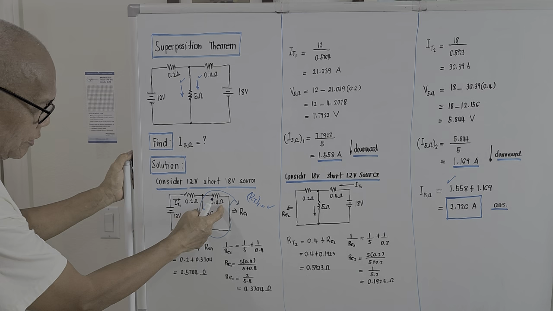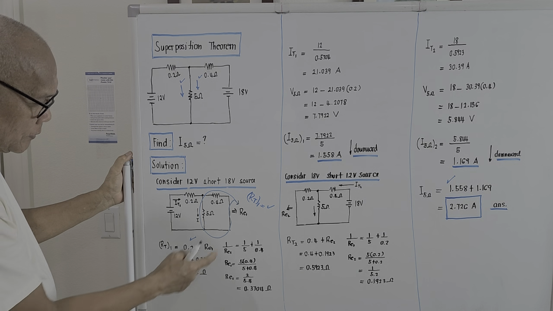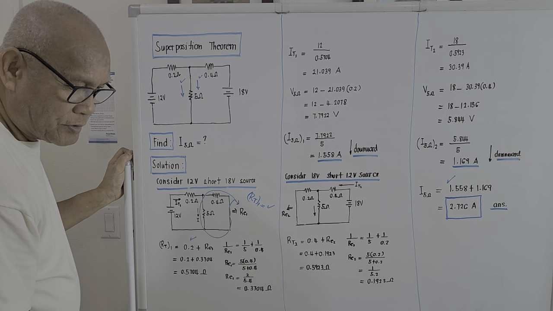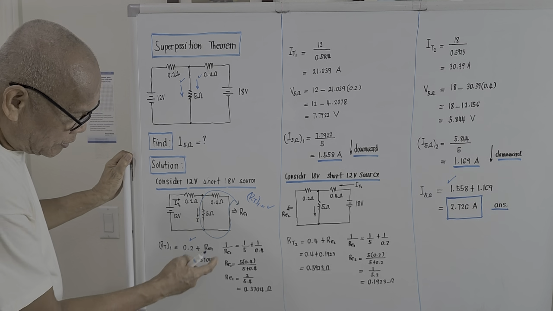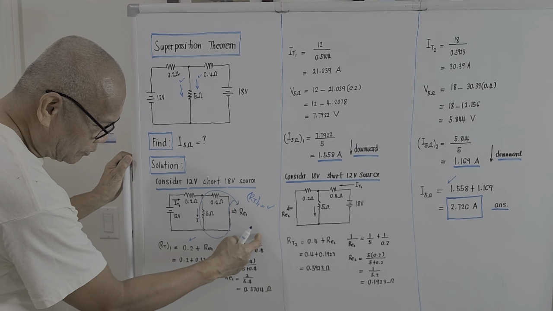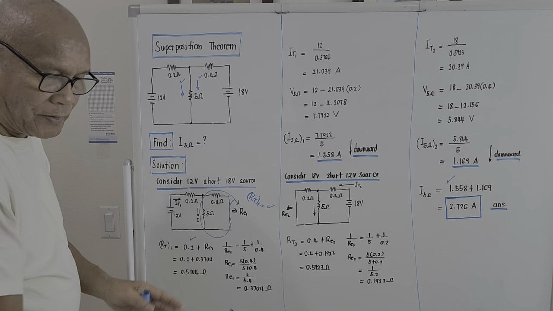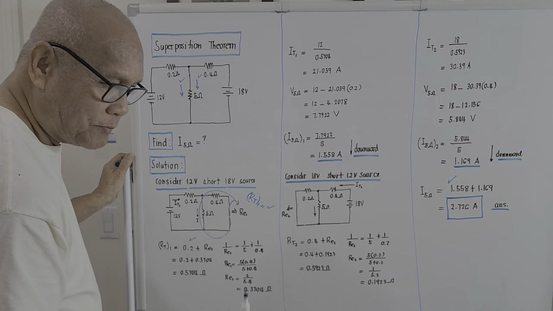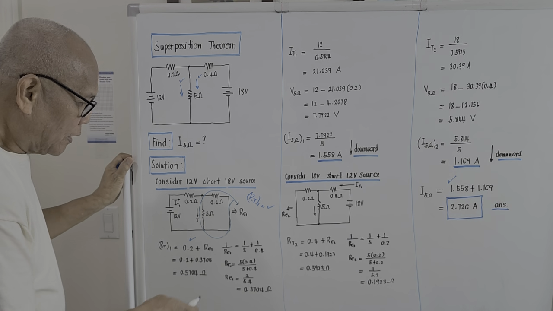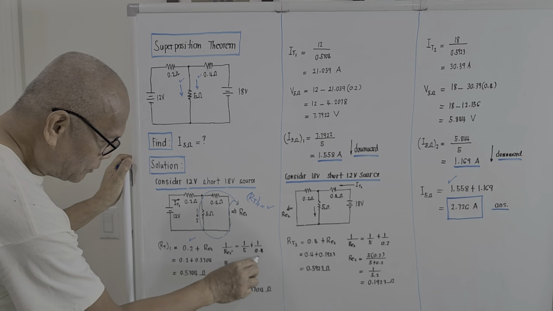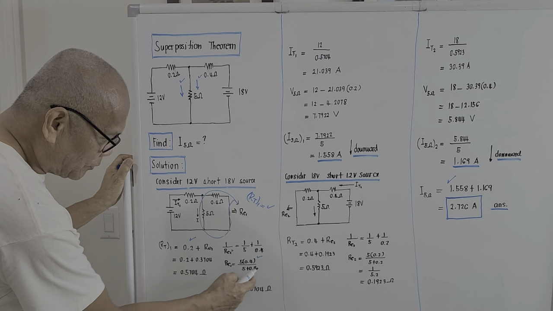Since these two are in parallel, to compute for RE1, parallel resistance is the concept: 1 over RE1 should be equal to 1 over 5 plus 1 over 0.4. That's the concept on how to compute the total resistance if they are connected in parallel. If we simplify, RE1 will be the product of 5 times 0.4 over 5 plus 0.4.